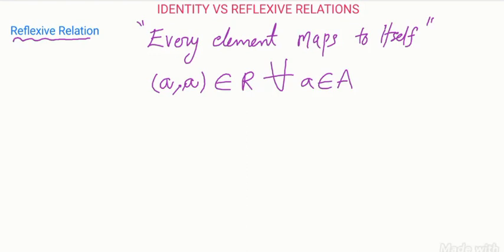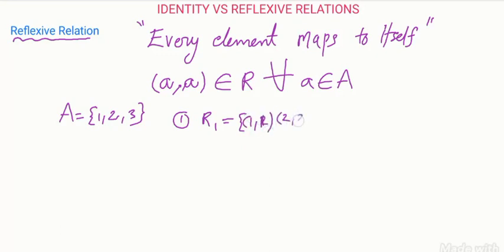Let us take the same example. A is equal to {1, 2, 3}. I will take 3 examples to make you understand. First one, R1 contains (1,1), (2,2), (3,3). Is it a reflexive relation?